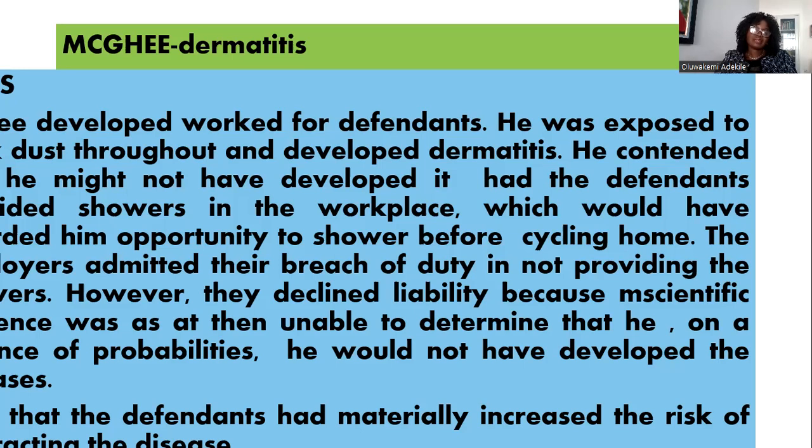That would be a way of establishing, in practical terms, whether it was the fact that McGee had to travel for some distance home before he could shower that actually caused him to develop dermatitis.